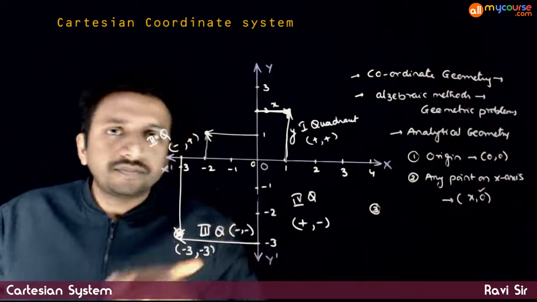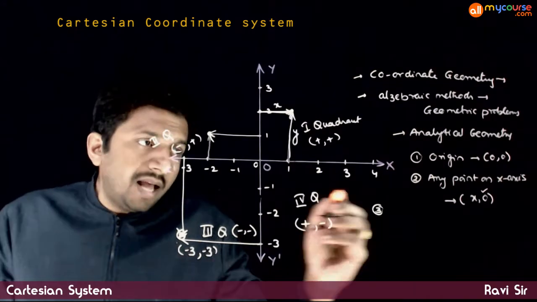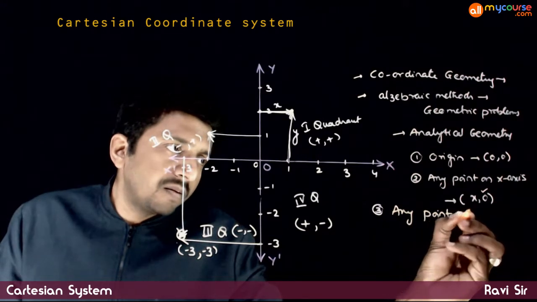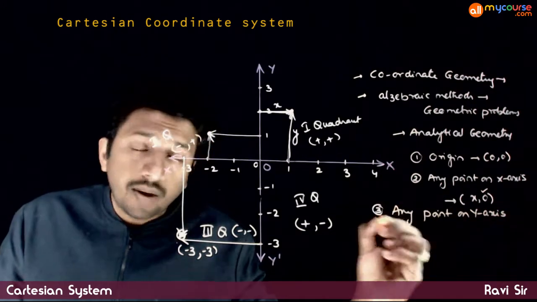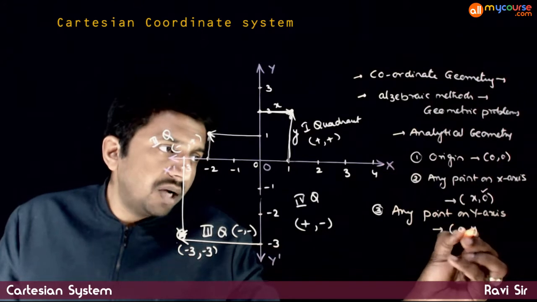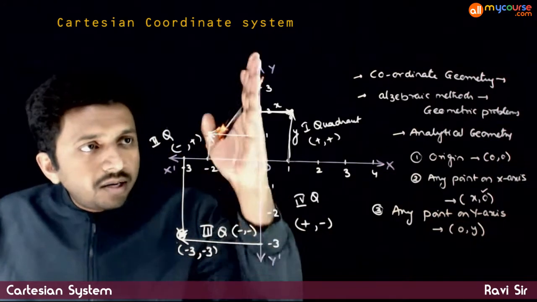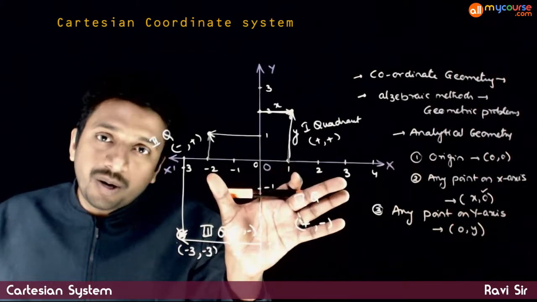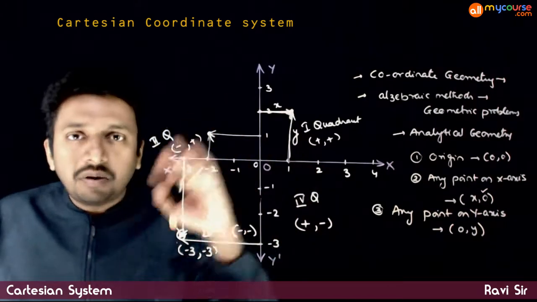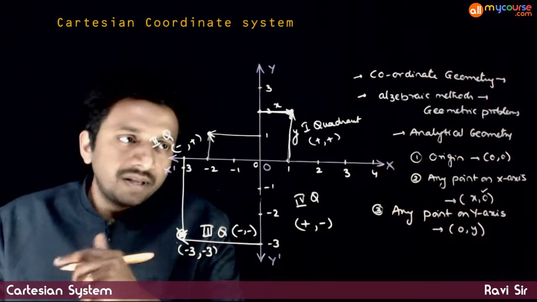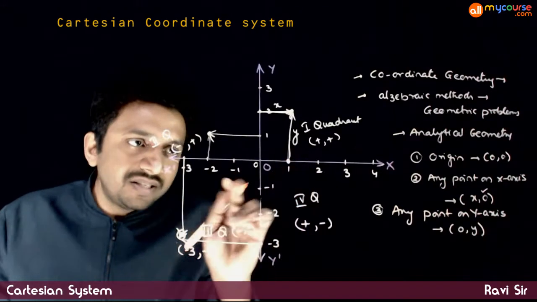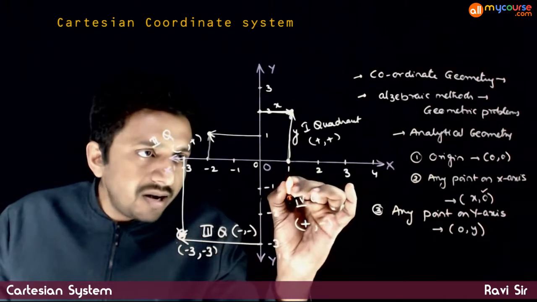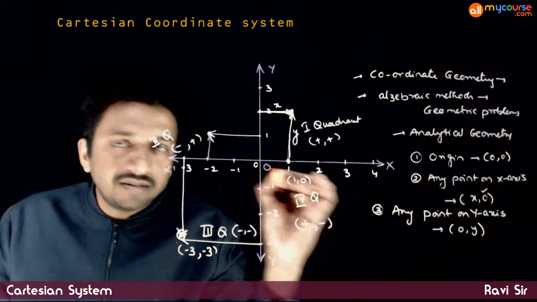Similarly, any point on the y-axis is of the form (0, y). This means the x-coordinate of any point on the y-axis is 0. The y-coordinate of any point on the x-axis is 0, and the x coordinate of any point on the y-axis is 0. That means if you have this point which is at a distance of 1 unit from the origin and on the x-axis, the coordinates of this point will be 1, 0.